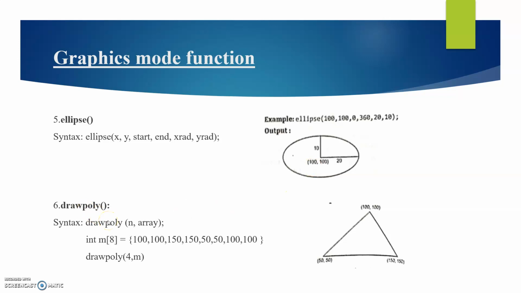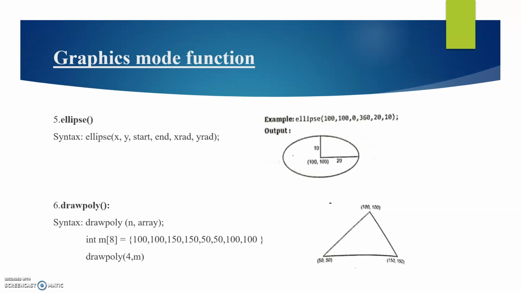The next graphics mode function is drawpoly. It draws the outline of a polygon having a specified number of sides. Syntax is drawpoly(n, array); where n is the number of vertices of a polygon plus 1. Array is an integer array name which stores coordinates of vertices of a polygon.